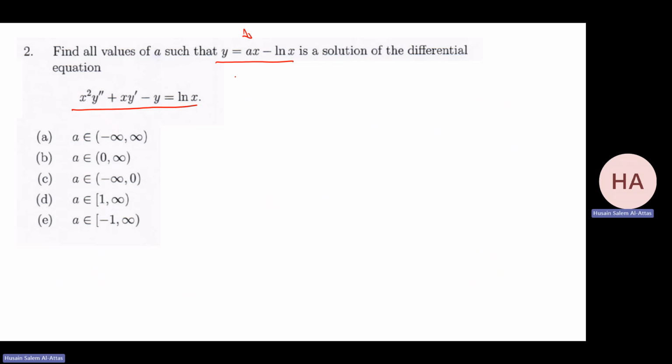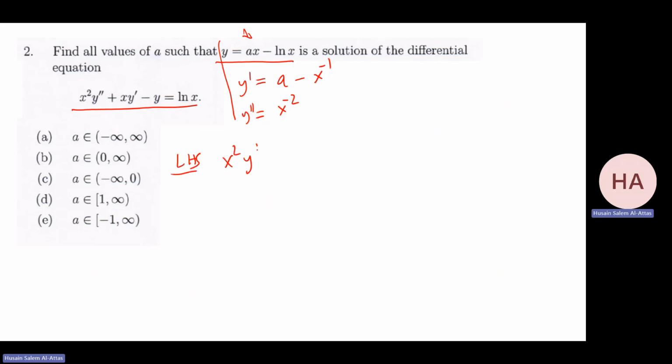Let's just check. I have y prime is a minus x minus 1, and y double prime will be x minus 2. Then I substitute this in this equation. Left-hand side should be equal to the right-hand side.